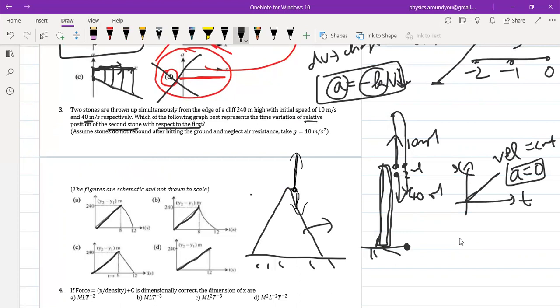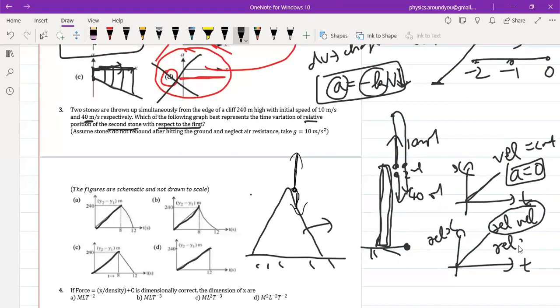The same concept holds good even for relative position and time. The slope of this would give relative velocity. And if relative velocity is a constant, it would mean relative acceleration is zero.